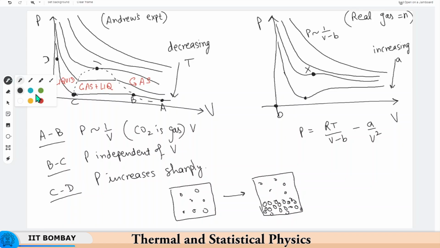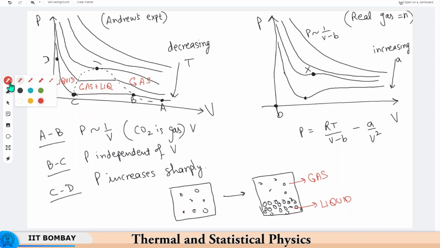So this is basically liquid and this is gas. And at this point, since many of the gas molecules go into liquid phase, they do not exert any pressure on the wall, right? Or even if they exert any pressure, that is very, very low. So therefore, suddenly for a constant pressure, the volume of the system goes down, right?